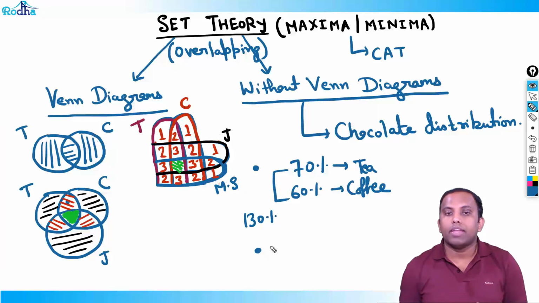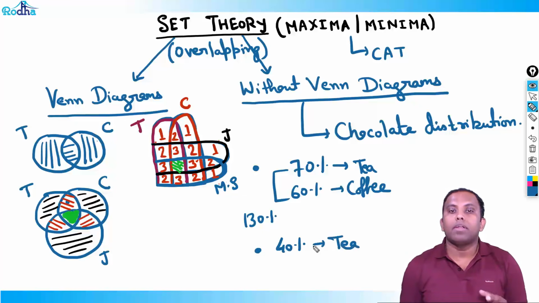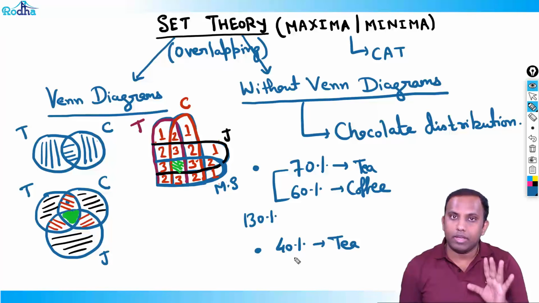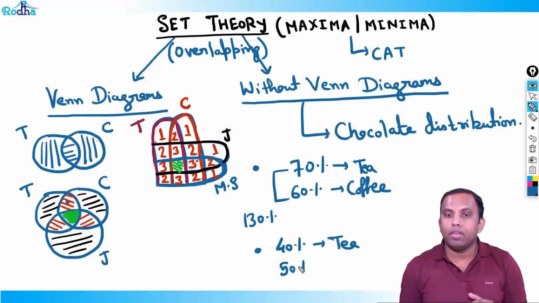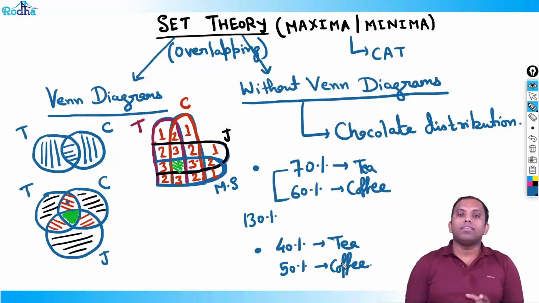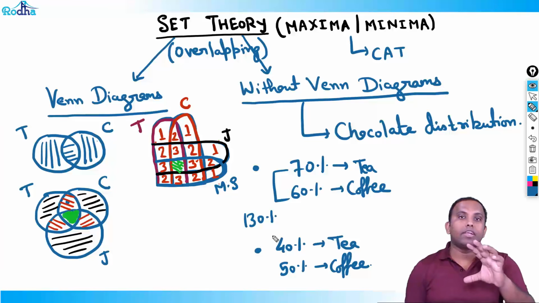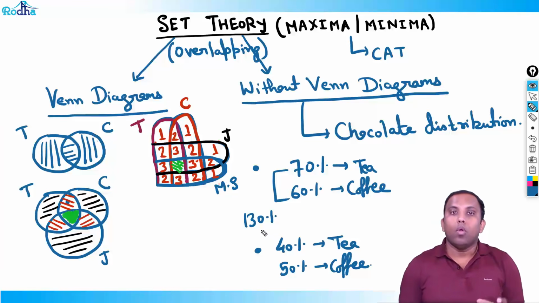But if I have a case here, if I say 40% of the class drink only tea, and 50% of people drink coffee, right, in this case we are not sure now whether that intersection part exists, that means whether there are people for sure drinking both.